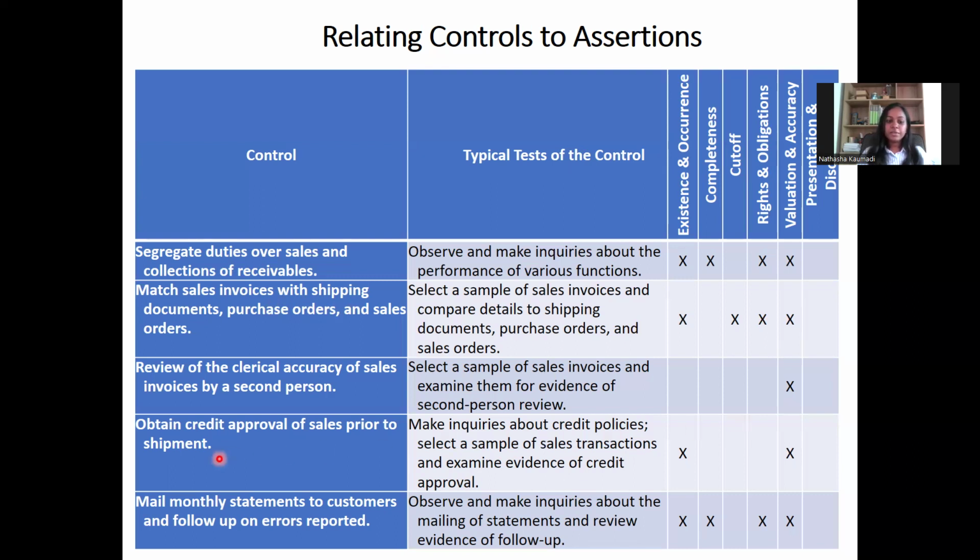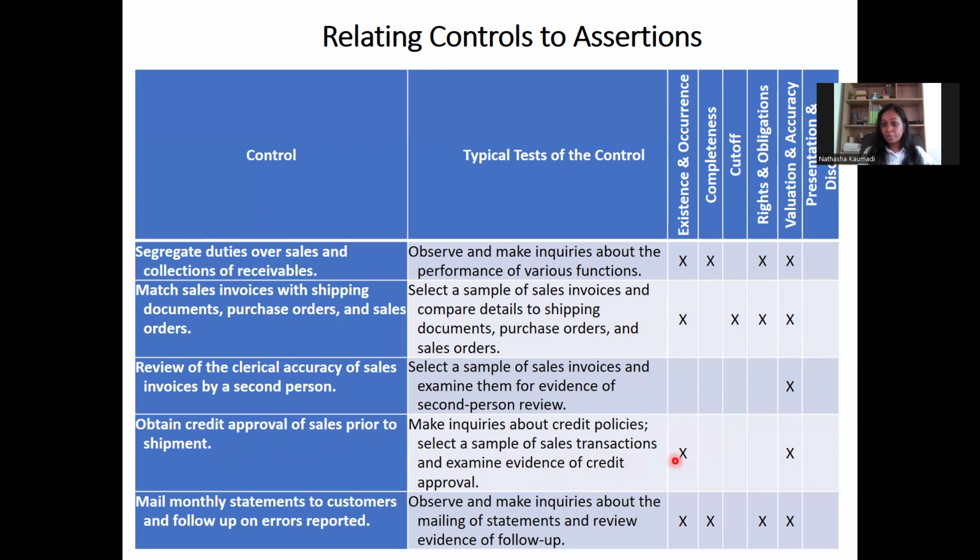Right. So, obtain credit approvals of sales prior to shipment. Before shipping, you have to approve the credit limit. Make inquiries about credit policies, select a sample of sales transactions, and examine evidence of credit approval, whether there are credit approvals for each and every invoice.